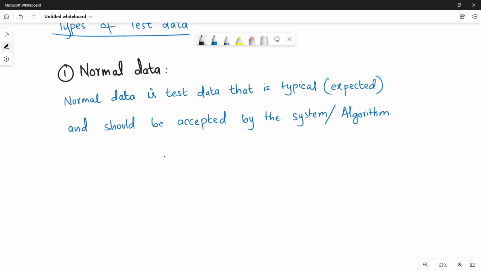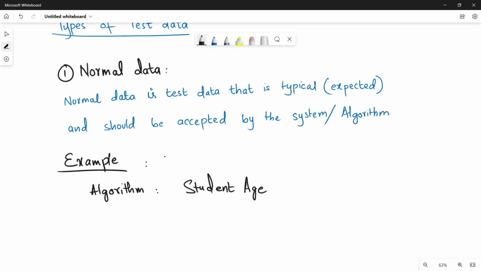Now, let me give you an example of the normal data. For this, let's assume an algorithm that is taking student age as an input. There are two validations for the input data. The user must input an age that is between 9 to 14. The age cannot be less than 9 and cannot be greater than 14.